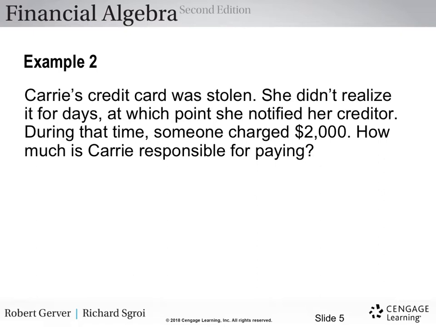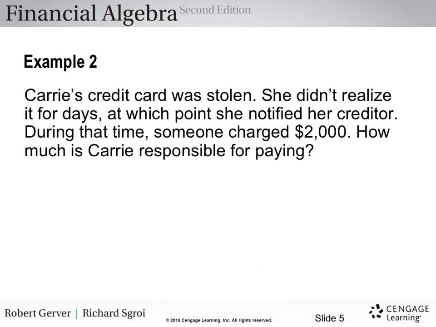Let's look at another example. Carrie's credit card was stolen. She didn't realize it for days, at which point she notified her creditor. During that time, someone charged $2,000. How much is Carrie responsible for paying? Okay, so it's a little different here because she didn't notify her creditor right away because she didn't realize it had been stolen.